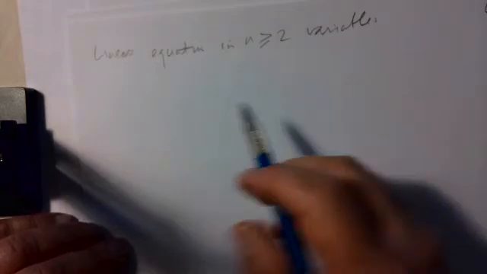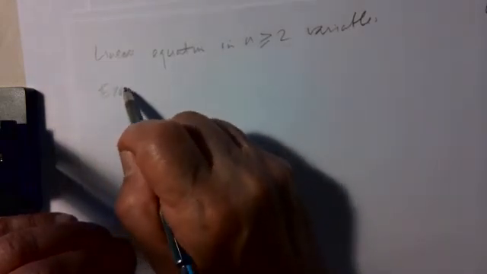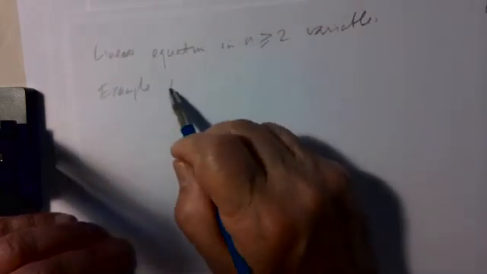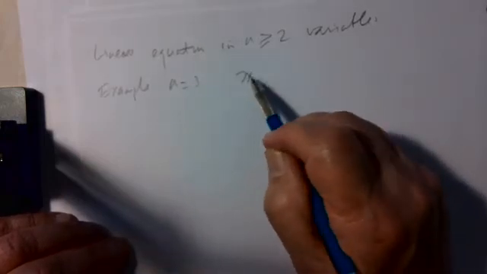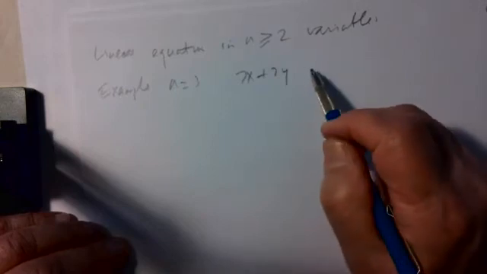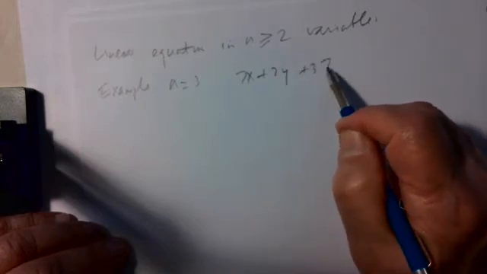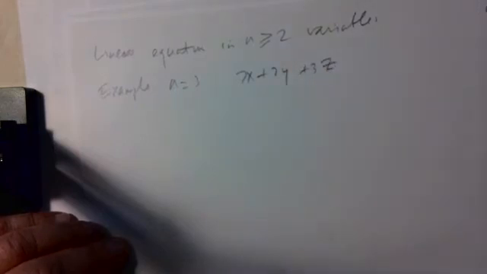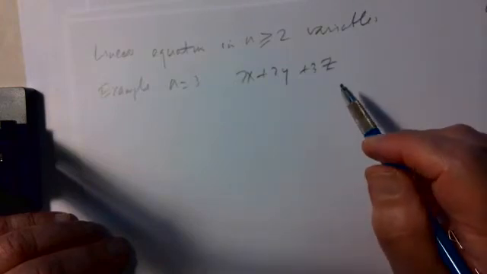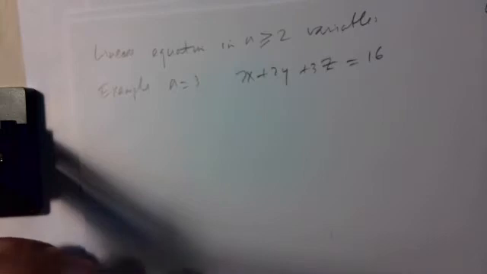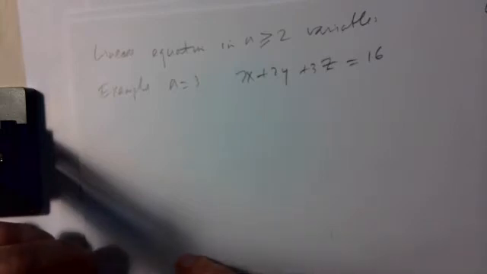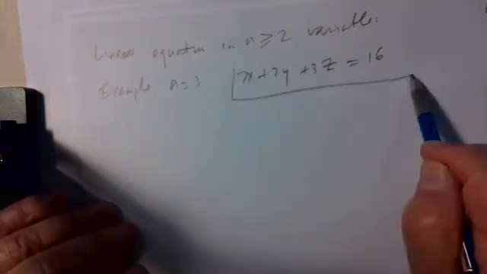So let me just give an example. Suppose we take n equal to 3, and maybe our equation is 7x plus 2y plus 3z equals 16. Right? And we want to solve this equation.